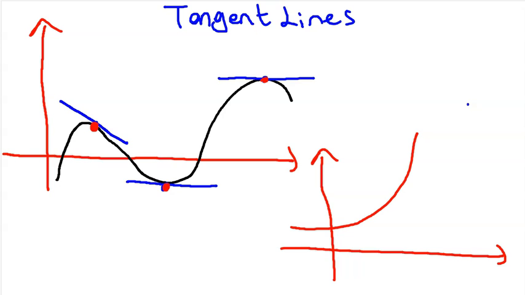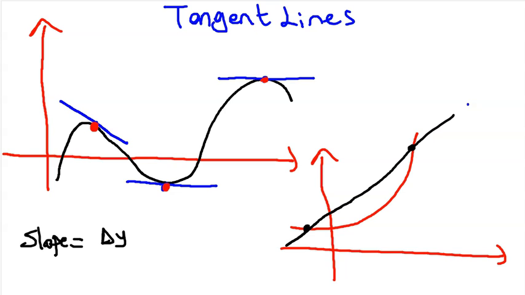For example, we have this point and this point. When you connect these two points, we end up with a secant line. Finding the slope of the secant line is very simple because the slope is equal to delta y over delta x, where delta y represents the total change in the y values, and delta x represents the total change in the x values.